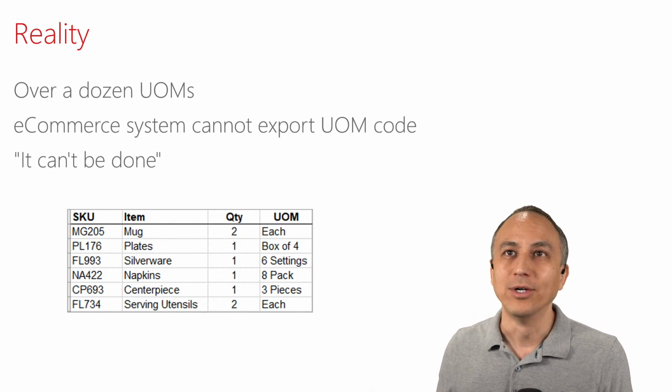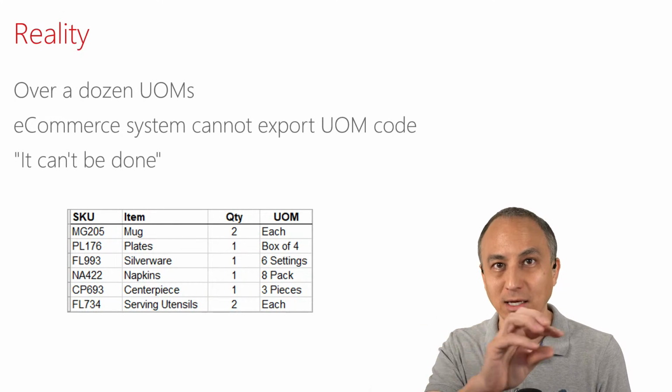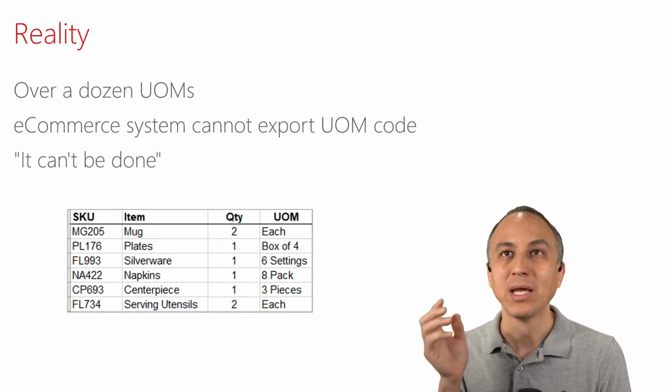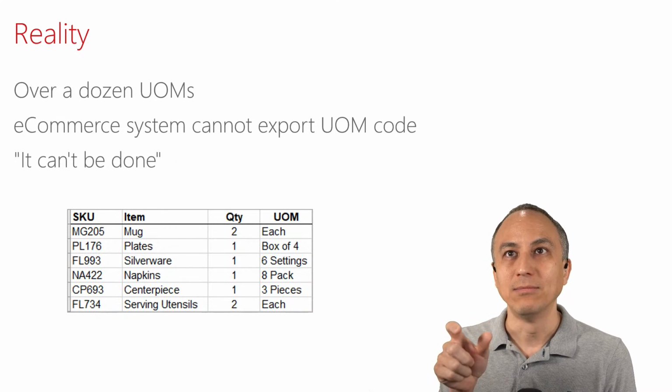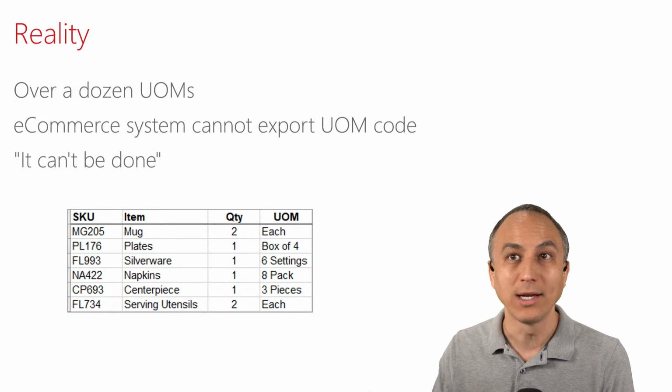So after talking through it, we discovered that when an item is actually sold on the website, that item that the customer sees or clicks on or adds to the shopping cart and checks out with, that item has a SKU that can be whatever we want it to be.